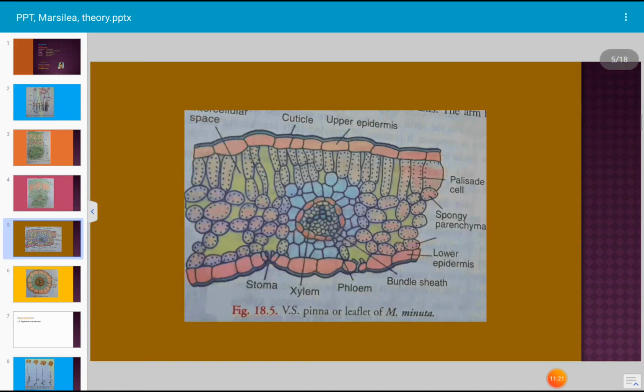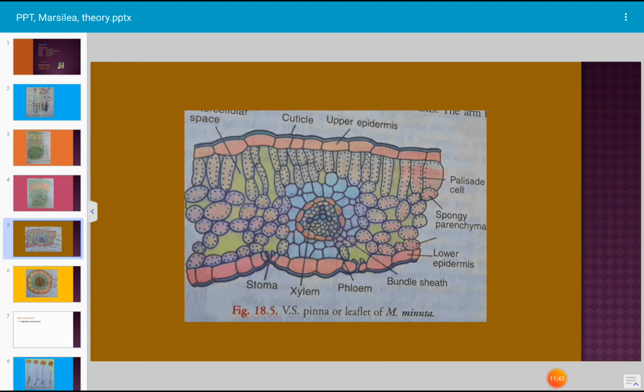Next, this is the photograph of vertical section of leaflet of the Marsilea. Let us see all the details of internal structure of leaflet. As shown in the transverse section of the leaflet, it is bounded by upper and lower epidermal layer.